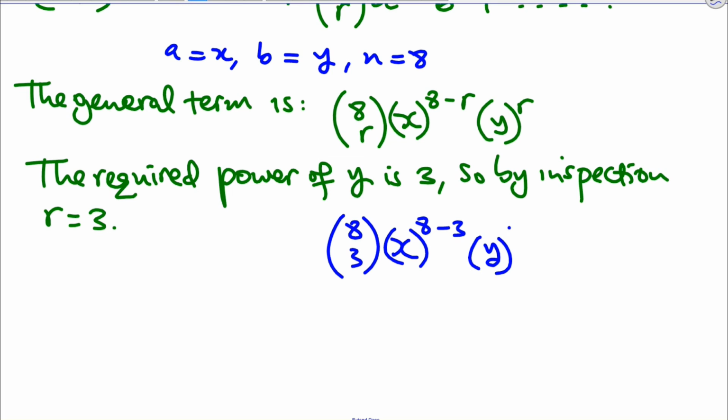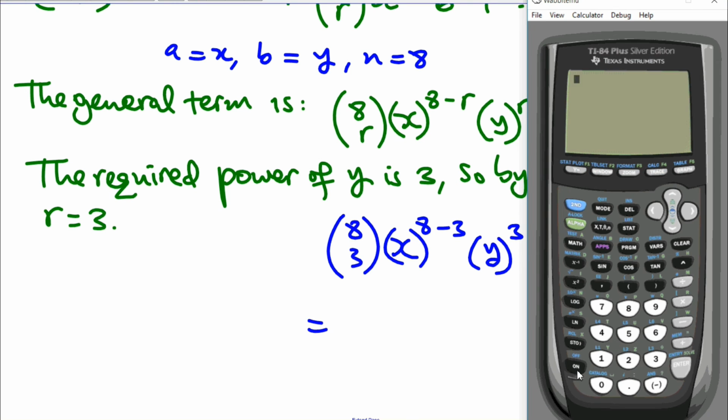You can find 8 choose 3 from your calculator. Plug in 8, then go to math, last column, scroll down to number 3, and then choose 3.